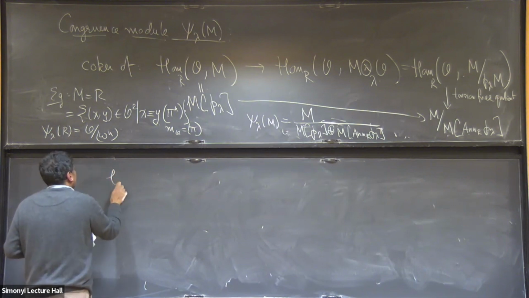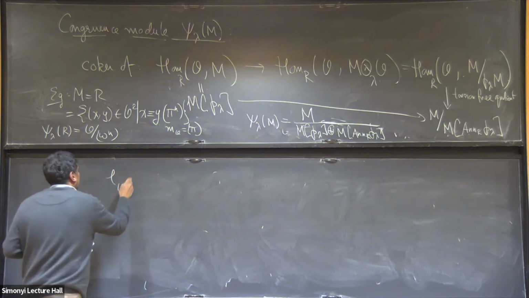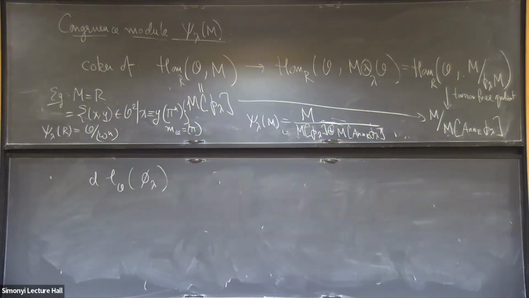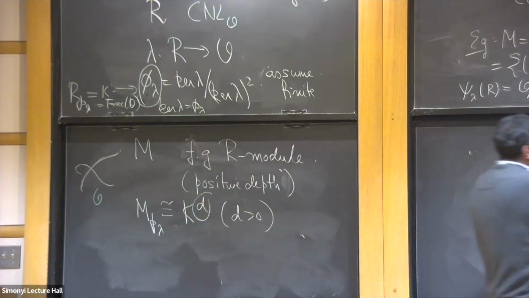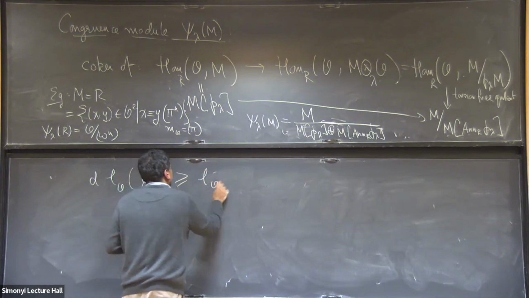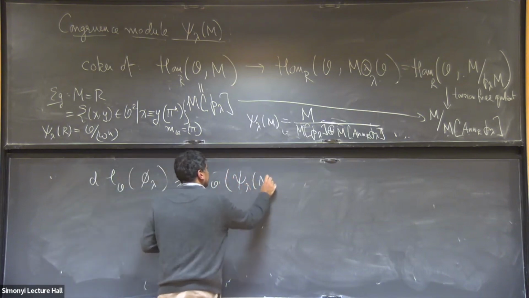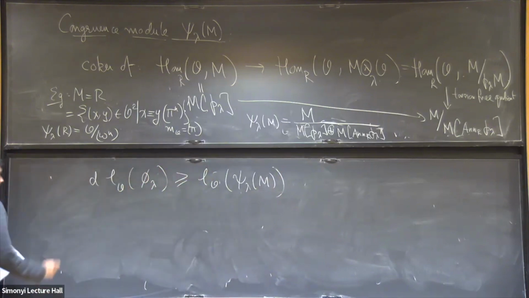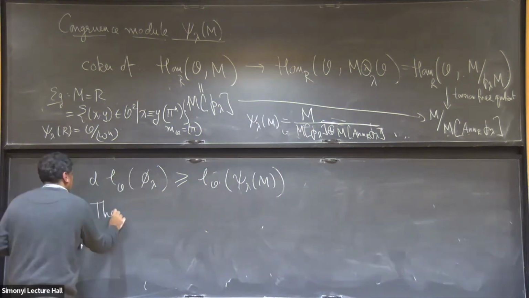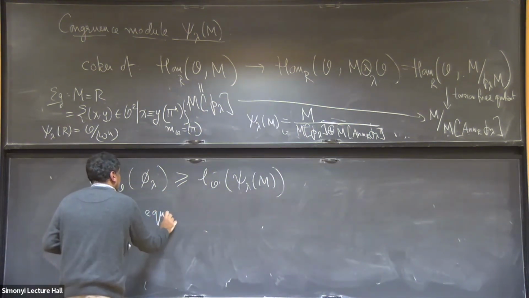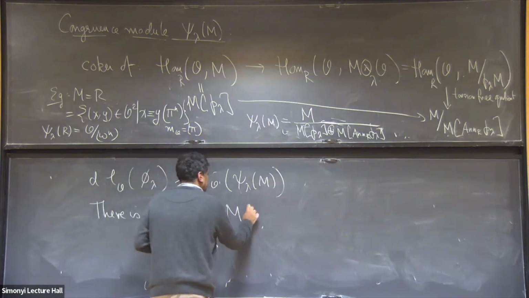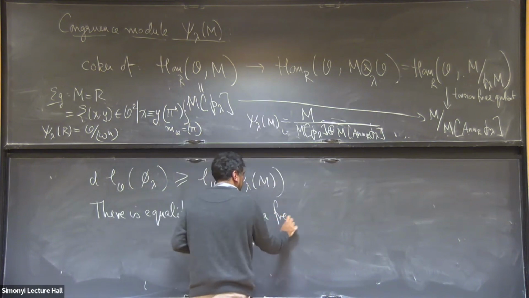So now if you look at the length of O, length of phi lambda, multiplied by this rank D, first of all, one has the a priori inequality, using some very simple Fitting ideal argument, that this is bigger than or equal to the length of O of psi lambda. And that's some kind of easy thing. And then there is equality if and only if M is a free R module and R is a complete intersection. There's a beautiful theorem.